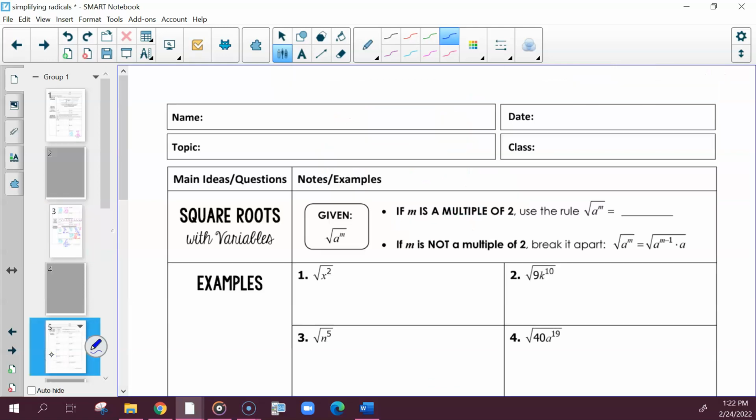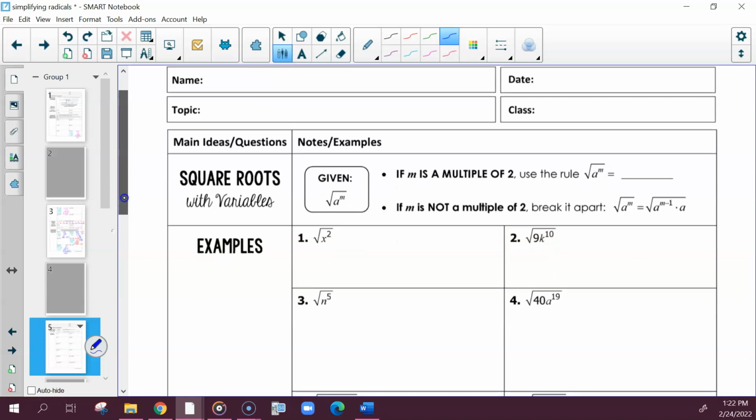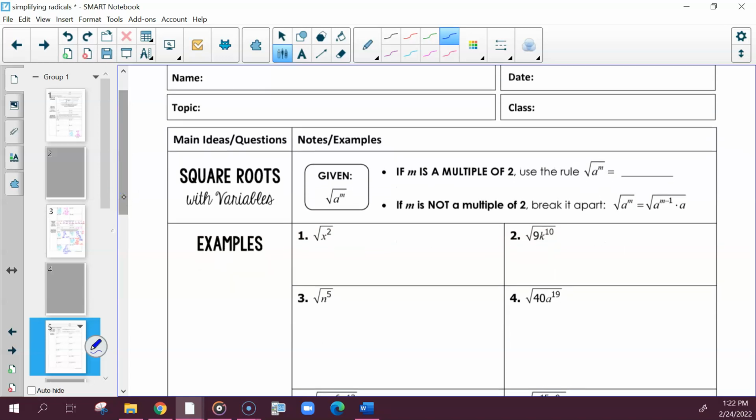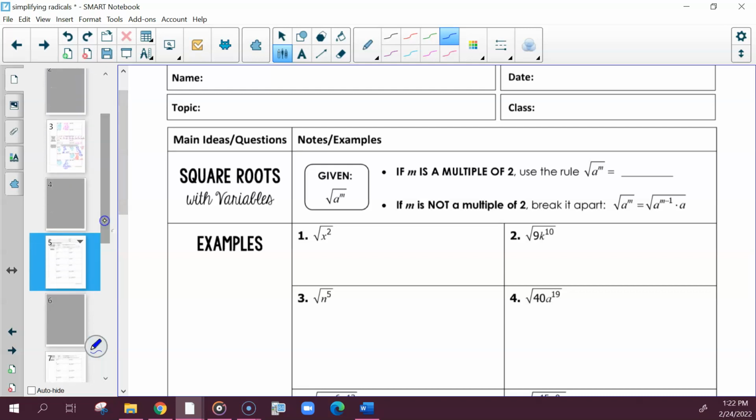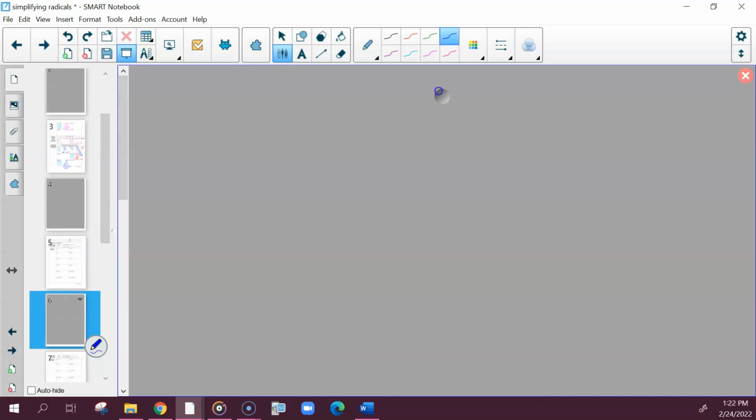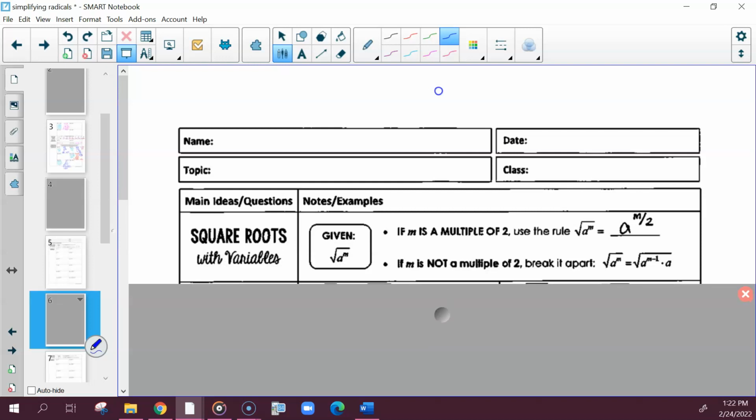Moving on. Now we're going to talk about what happens when we have variables. So let me go to this next page so you can see what this first part is. Okay, so if we have some radicand underneath the radical and m, the exponent, is a multiple of 2, so 2, 4, 6, 8, then we're going to use this rule.